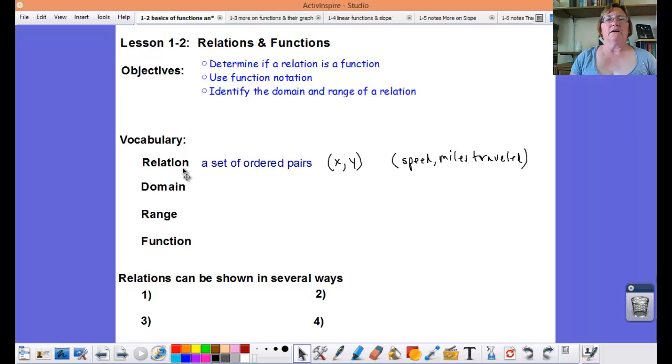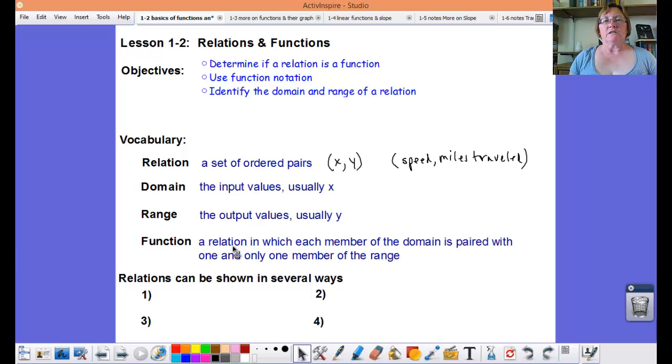The next of our vocabulary terms is domain. And again, many of you will remember that the domain in a relation consists of the input values, what we would call the X values usually, because we're all algebra students. The range, on the other hand, is the output values in a relation or function, usually Y. And we've already tossed around the word function because it's hard to do this without saying the word.